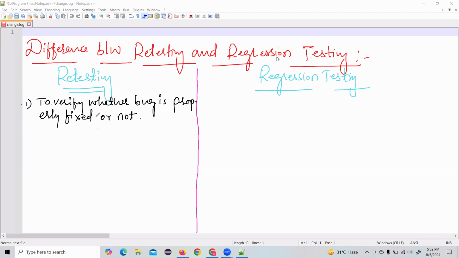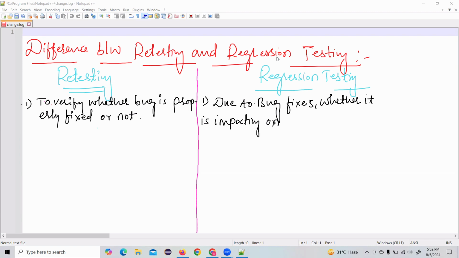To check side effects. What is that? Due to bug fixes, whether it is impacting on other functionalities, impacting on further functionalities.